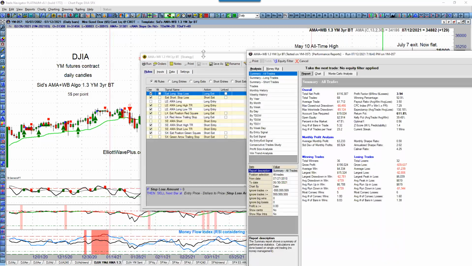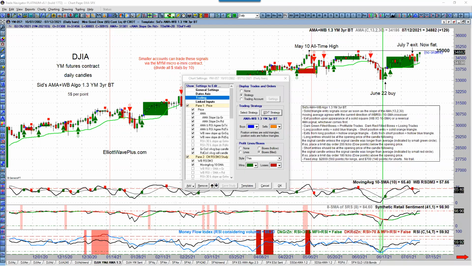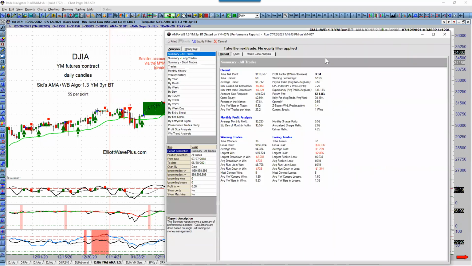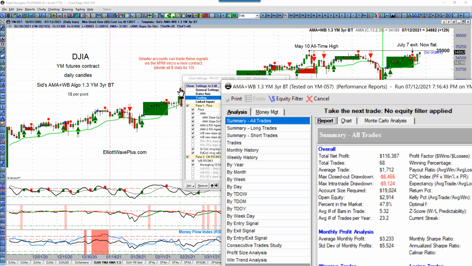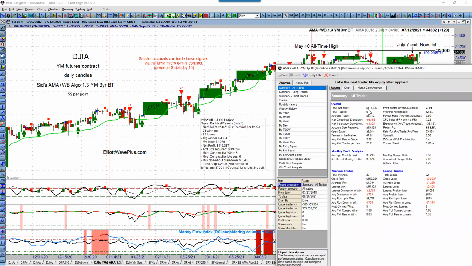So what you'll see here is how well this item did over that 3-year period and some statistics about it. And you'll notice that we also take those statistics and we manually put them in these informational boxes that are on the screen.